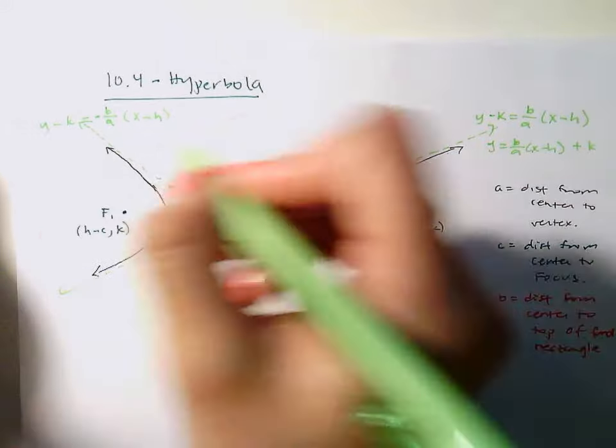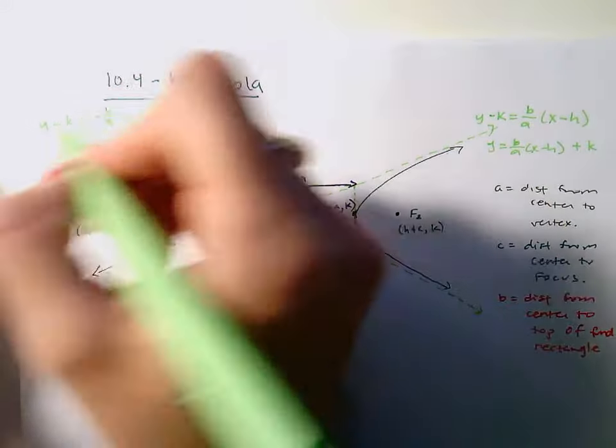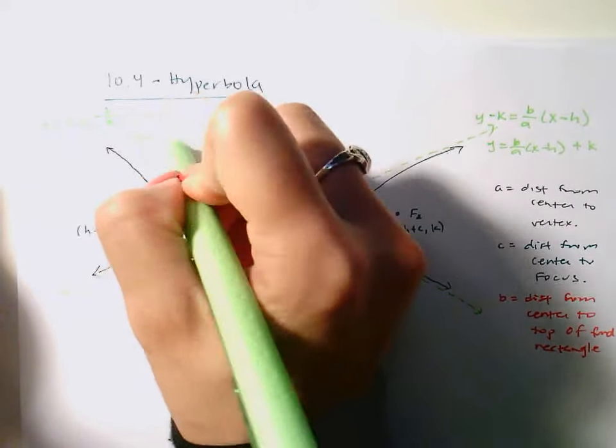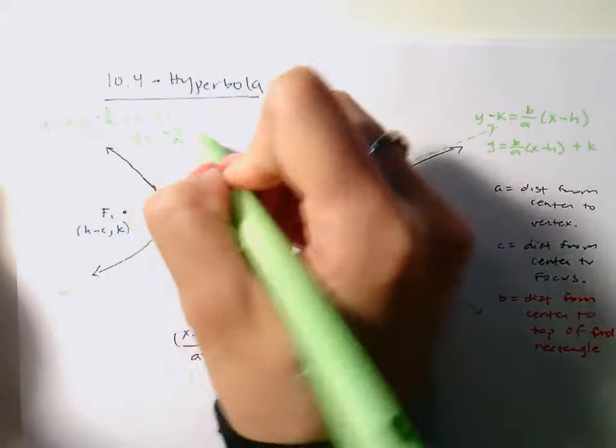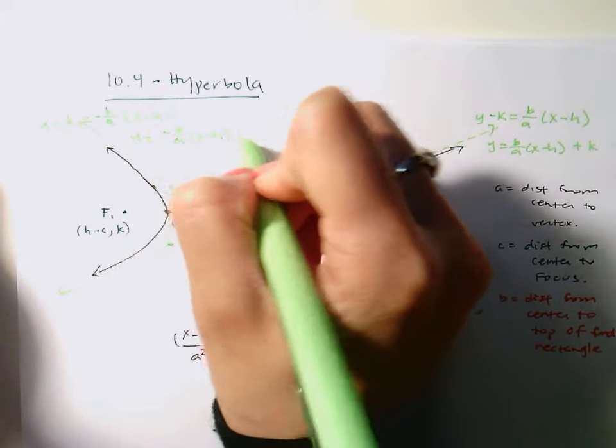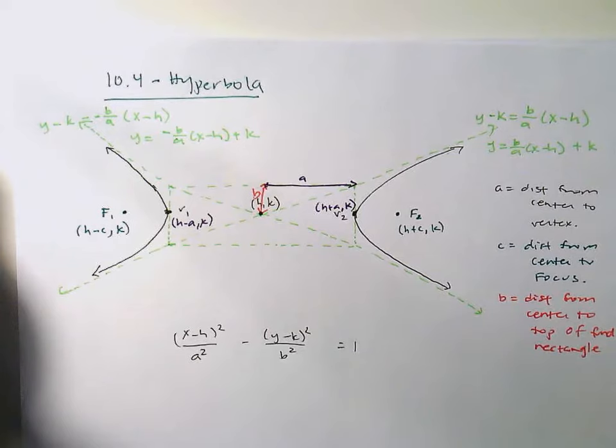Again, if you wanted to manipulate it just like we did on this one to solve for y, you get y equals negative b over a times x minus h plus k. So that's the equation of the asymptote for the hyperbola that opens left and right.